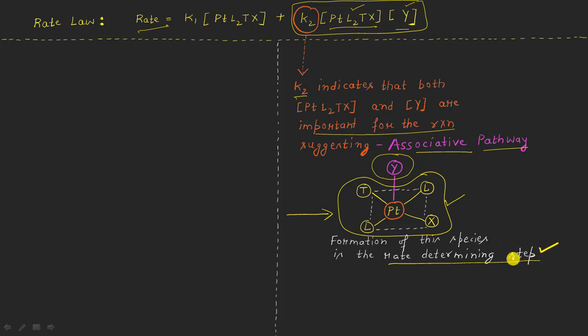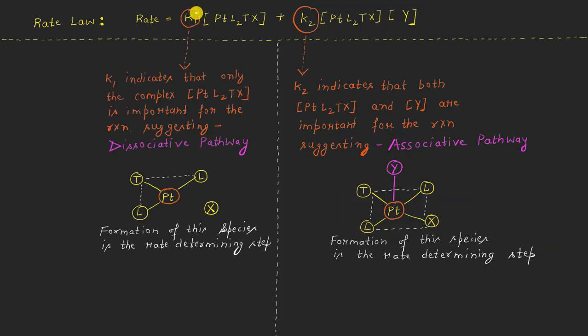And now let us talk about the K1 rate constant, which indicates that only the starting complex molecule, which is this here, is important for the reaction, suggesting a dissociative kind of pathway, right?